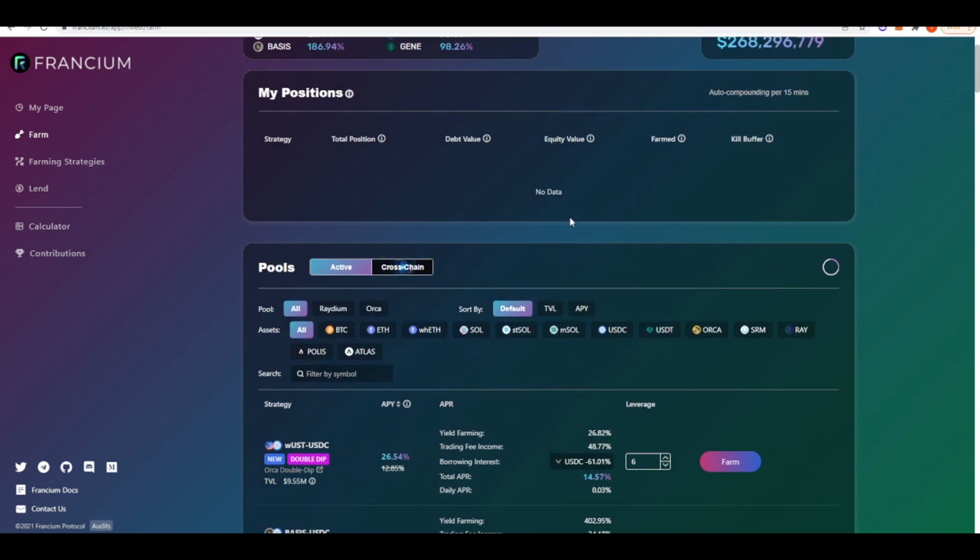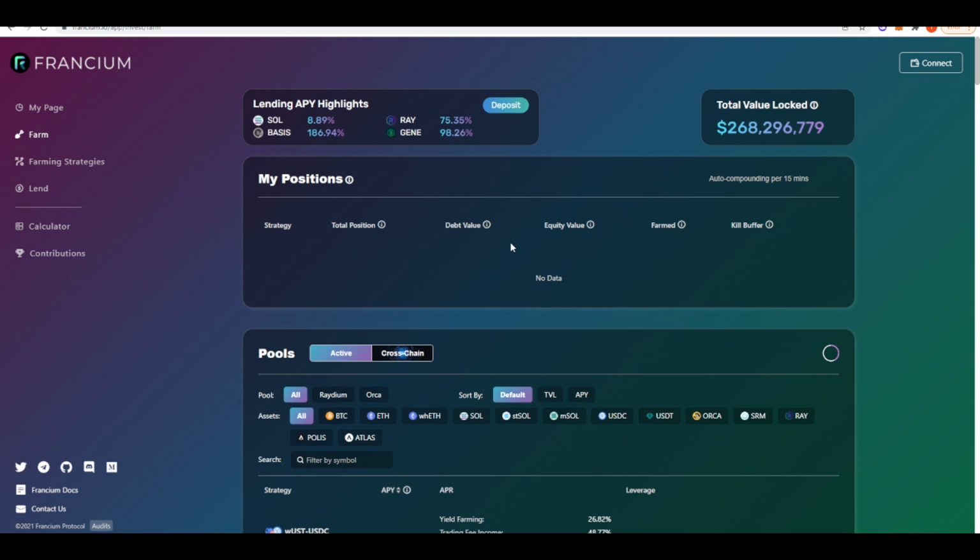I wouldn't ever recommend doing delta neutral yield farming on that, because the price of Samo could go up or down 50% in the space of a week. And in those times, it's very likely that you could get liquidated. Or if you're going to be farming some random low cap coin, someone could easily manipulate the price of that and liquidate you. So just keep that in mind as well.